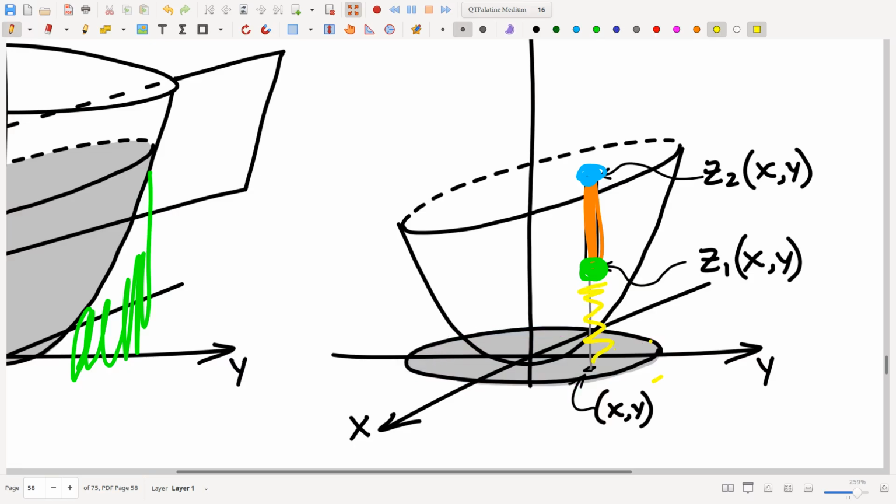In the picture, it looks like it just stops in the middle. There's this problem that when you use a flat two-dimensional screen to try to draw a three-dimensional picture, it's hard. So the intention is that this green point is on the paraboloid, and this blue point is on this plane. Got it.